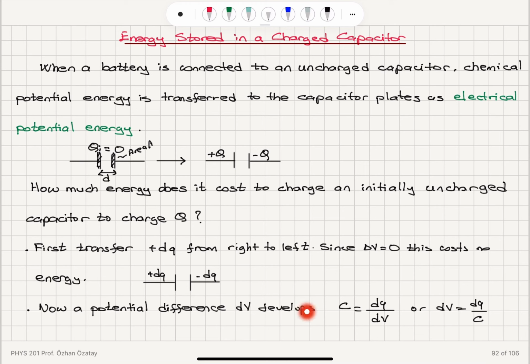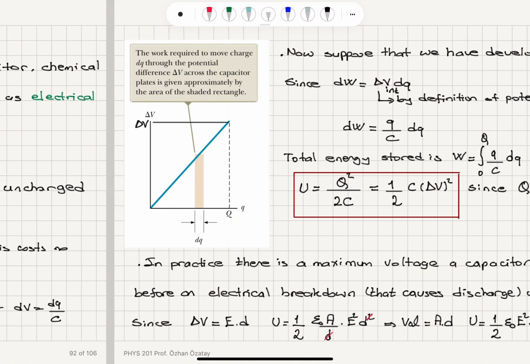A potential difference dV will develop, but initially we have no potential difference, so we're transferring charges in the presence of no potential, so this costs no energy. Plus dq and minus dq will cost no energy. But when we try to introduce more charges, then we will be in the presence of this potential dV, which is dq over C. So dV is equal to dq over C.